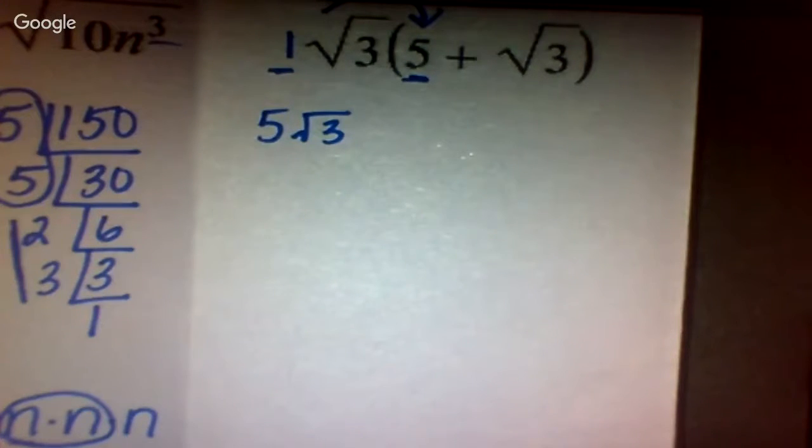Even if I had, give me a number, Christian. 8. 8 square roots of 6. And I multiply this against a 3. 8 times 3 is 24 square roots of 6. There is no radical here to deal with. So you take your number and multiply by the coefficient in front of your radical and keep your radical.